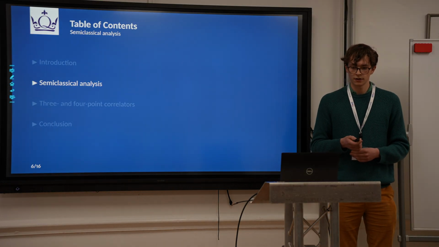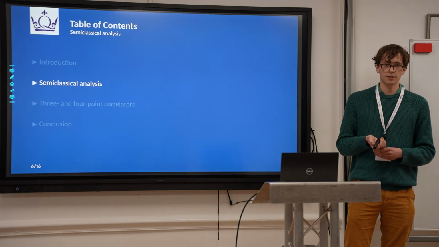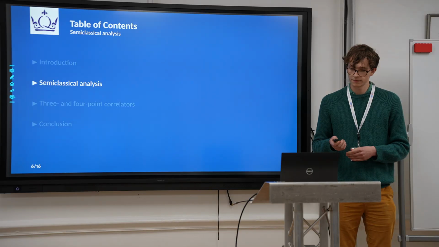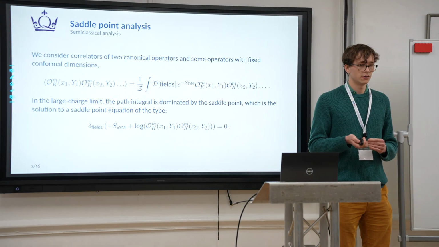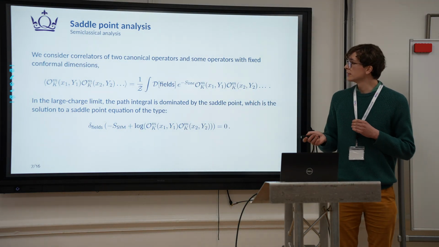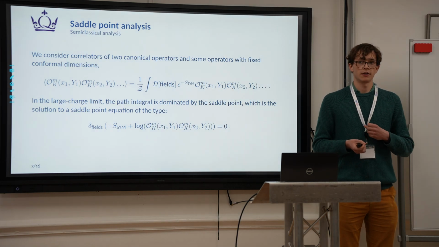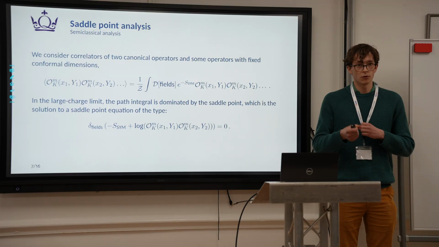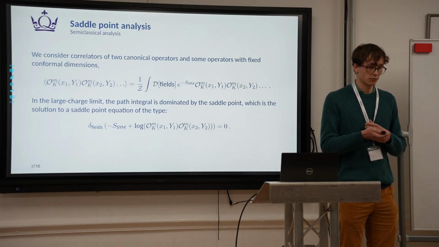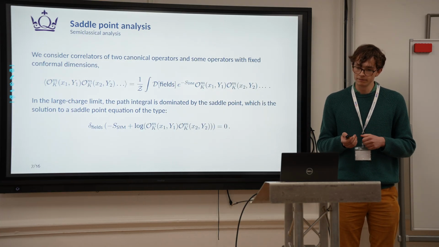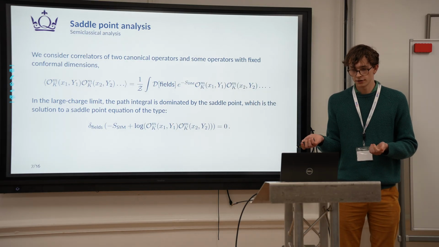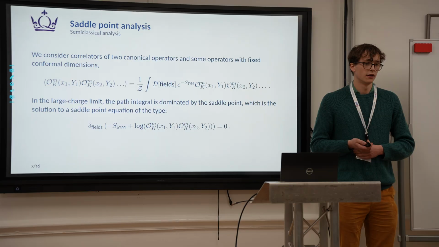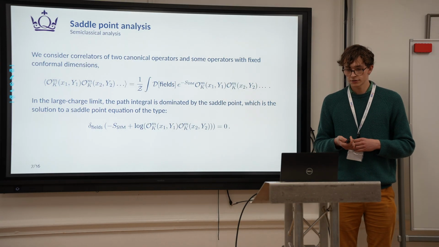So now I'll go through the semi-classical analysis of how we calculate these operators. So as I just showed, we will consider correlators. There are two heavy canonical operators and either one or two light operators. Okay, so we can write the correlation function like this if you're actually doing the path integral.